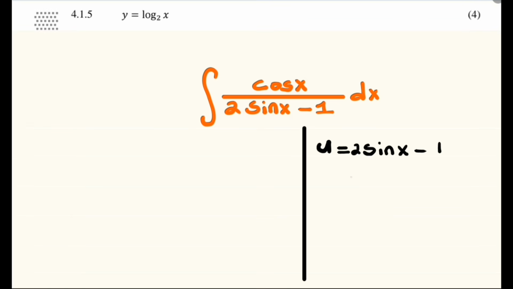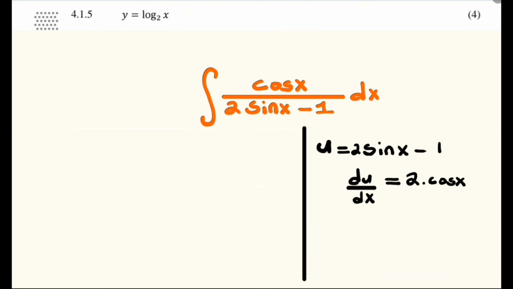and the derivative of u with respect to x will be equal to 2 multiplied by the derivative of sin x, which is cos x, and the derivative of negative 1 is equal to 0. Moving on from here, we also have two options.